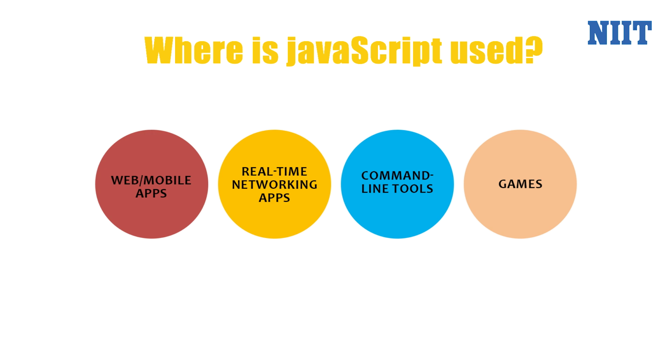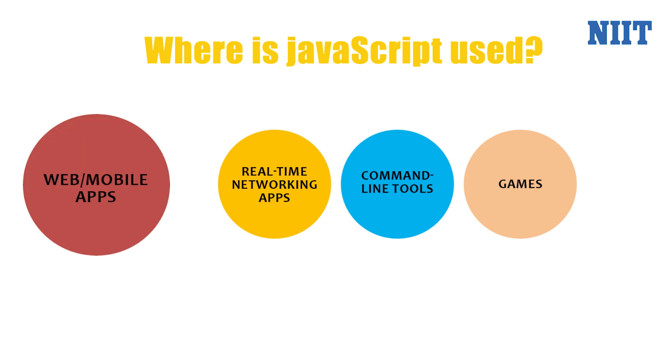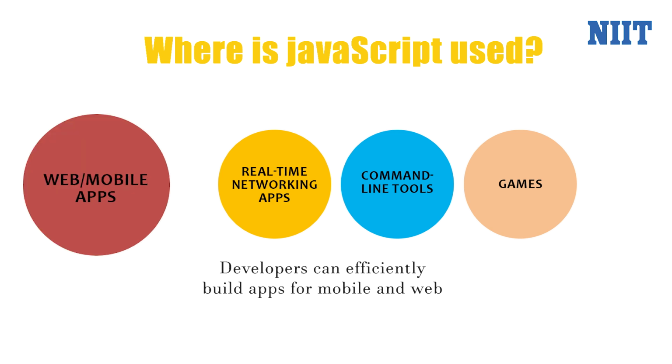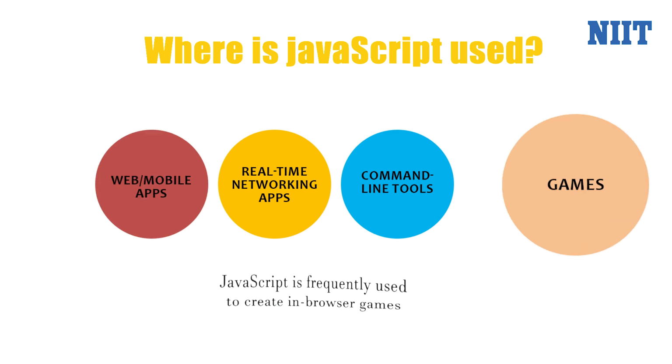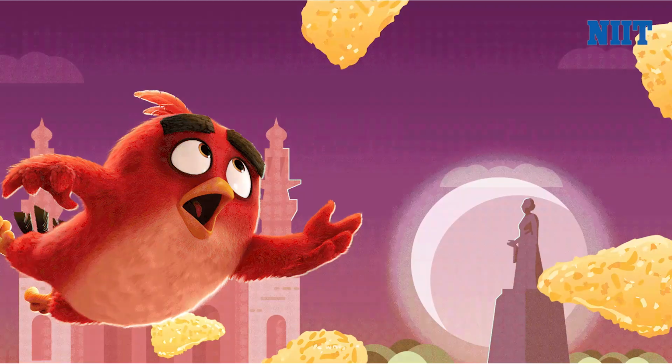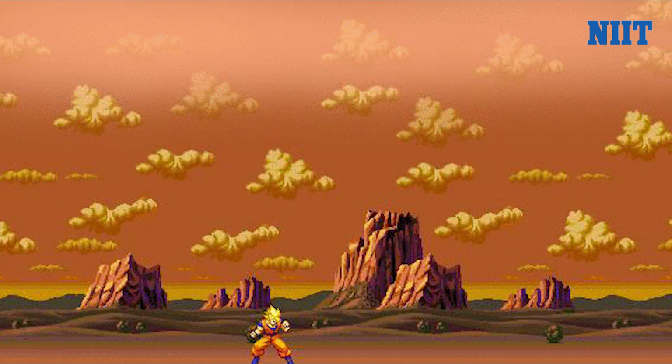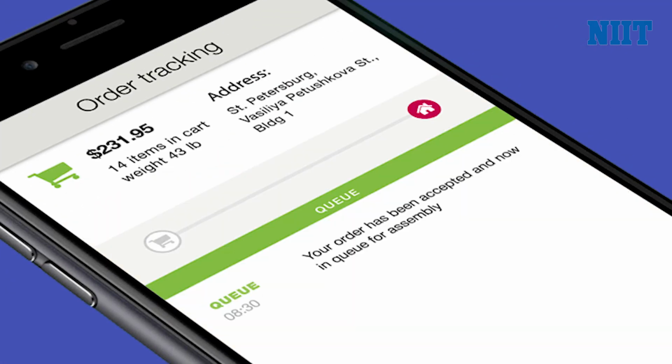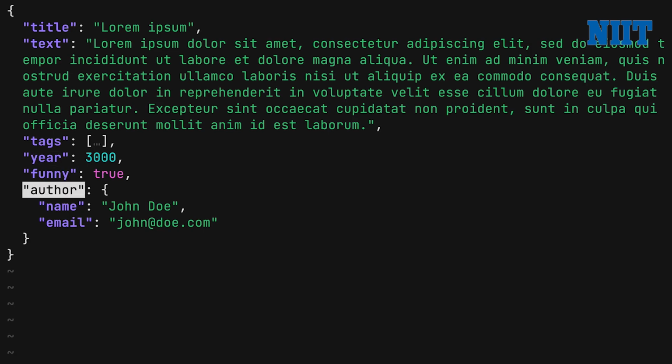With JavaScript's extensive collection of frameworks, developers can efficiently build apps for mobile and web. JavaScript is frequently used to create in-browser games. There are hundreds of JavaScript game engines that provide frameworks for building games like Angry Birds, 2048, and many more. It is also used in real-time networking apps as well as command line tools.